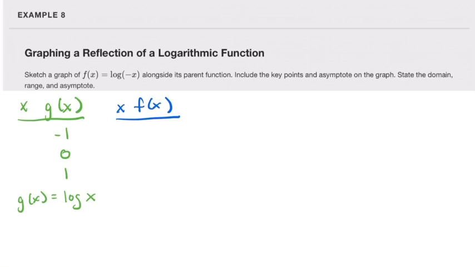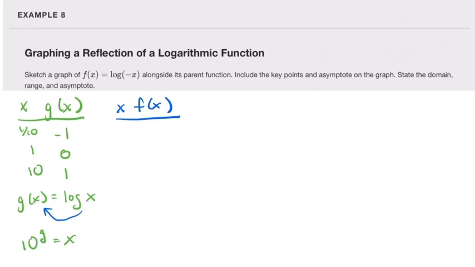And then if we want to write this in exponential form, it's going to be what? 10 to the power of g equals x. So with those values of g, the corresponding x, the first one is going to be what? 1 over 10. Then we have 1, and then we have 10.